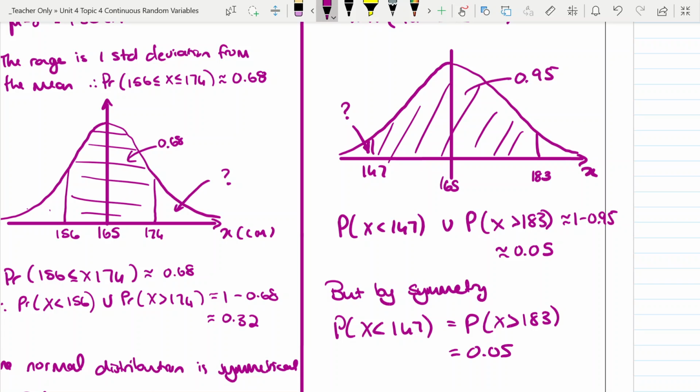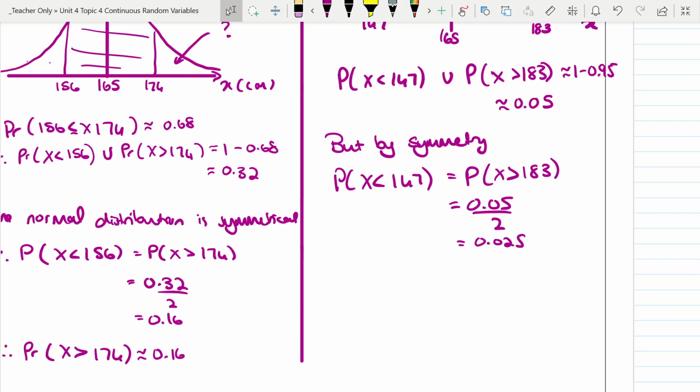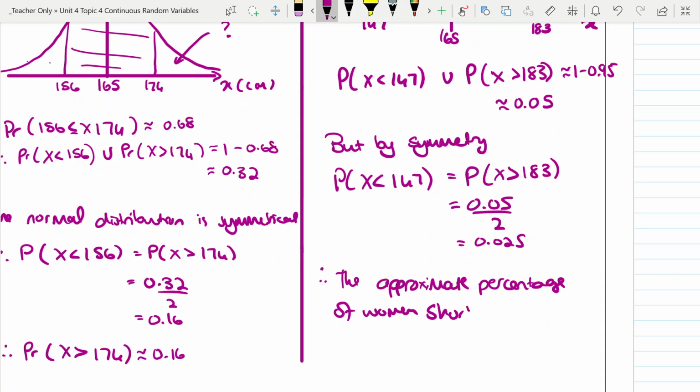So we have 0.05 over 2, and that's 0.025. Now they've actually asked for percentage, so we need to turn that into percentage. So therefore, the approximate percentage of women shorter than 147 centimeters is 2.5%.